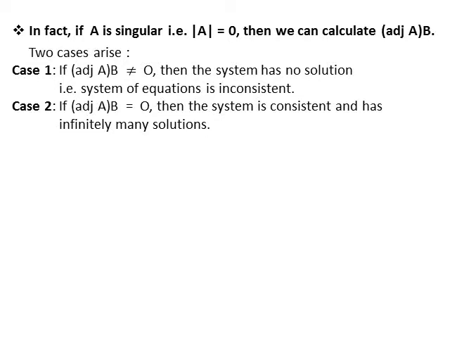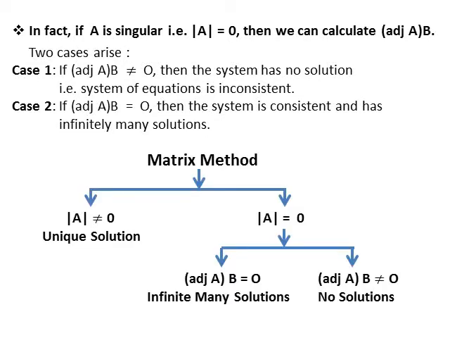We can understand this technique of solving the system of linear equations by matrix method with the help of this concept map. Solution of the matrix equation AX equals to B depends on determinant of square matrix A. If determinant of A not equal to 0, system is having a unique solution.